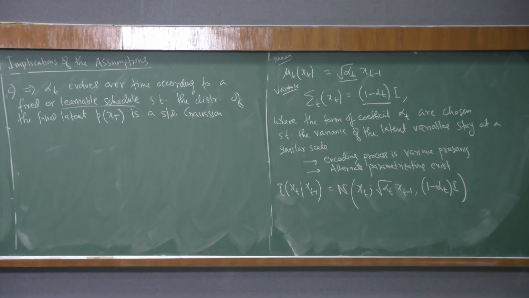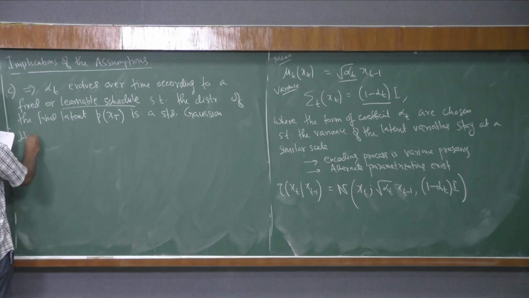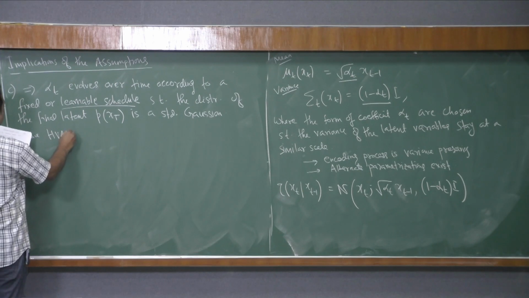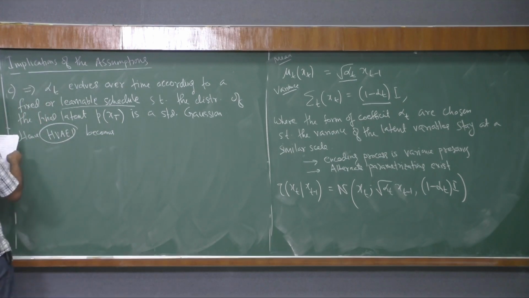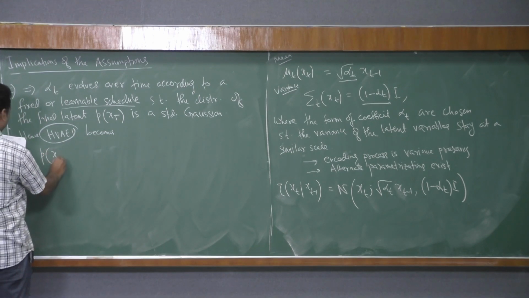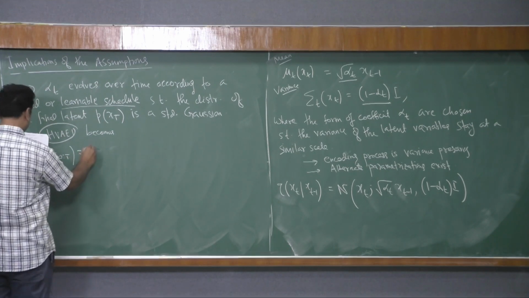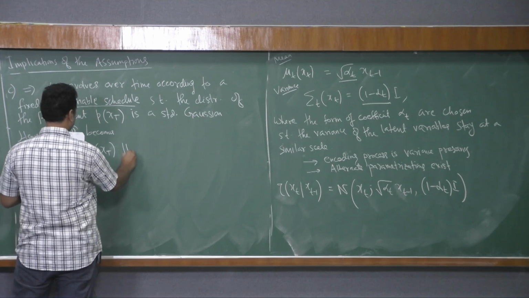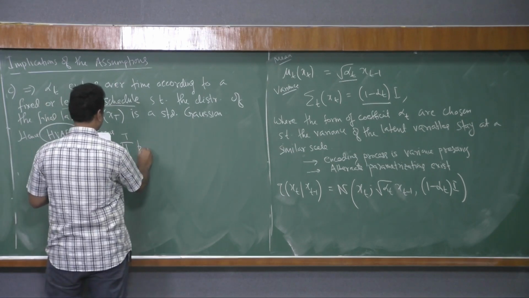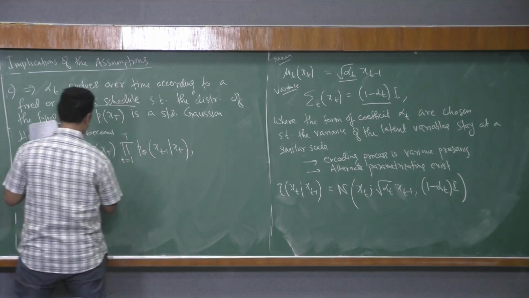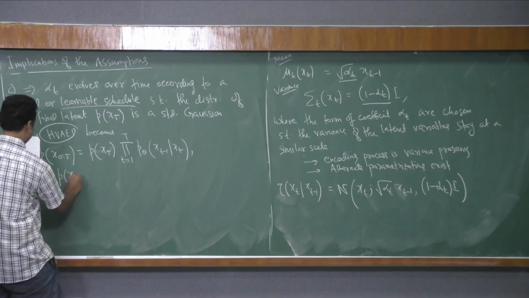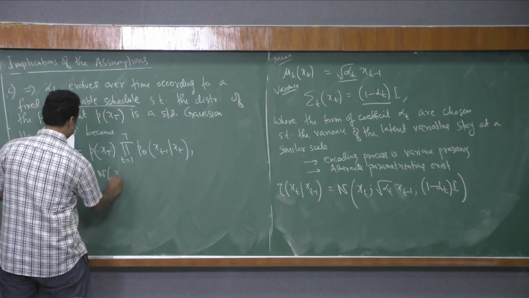So with this, our HVAE1 that I wrote before becomes p of x0 to t, which is p of xt times the product over t equal 1 to T of p theta x t minus 1 given xt, where p of xt is normal of xt.